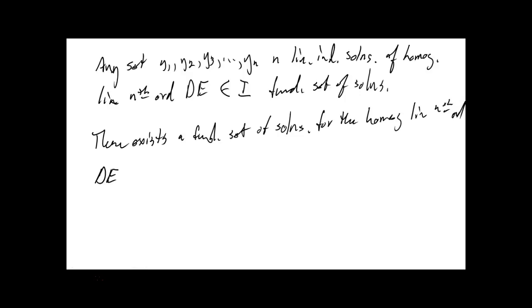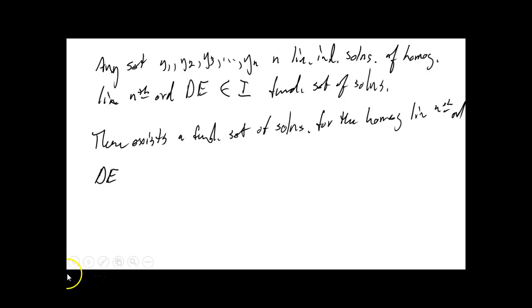Analogous to the fact that any vector of three dimensions can be expressed as a linear combination of the linearly independent vectors i, j, and k, any solution of an nth order homogeneous linear differential equation on the interval can be expressed as a linear combination of the n linearly independent solutions. I just said that earlier, they're saying it now. In other words, n linearly independent solutions are the basic building blocks for the general solution of that differential equation.